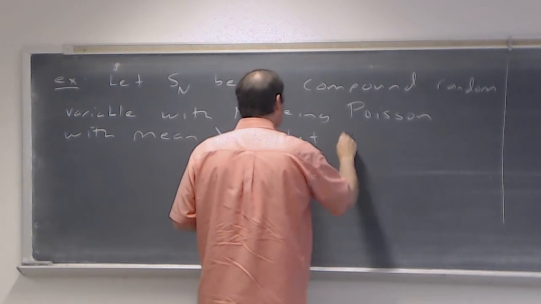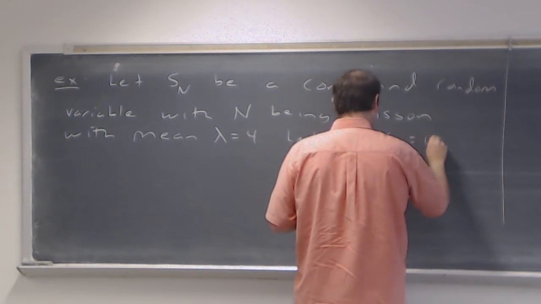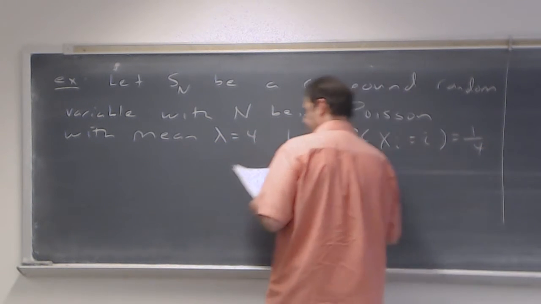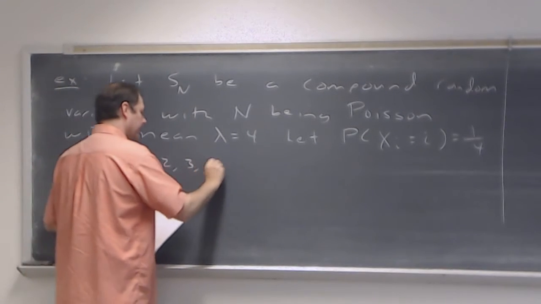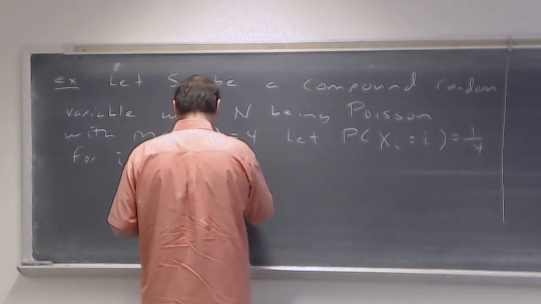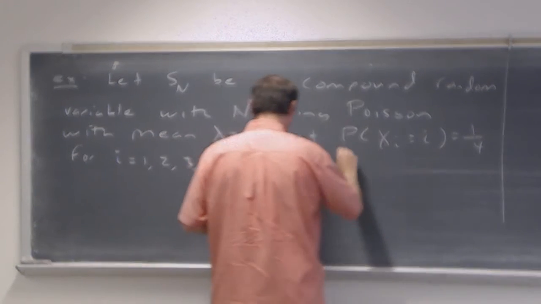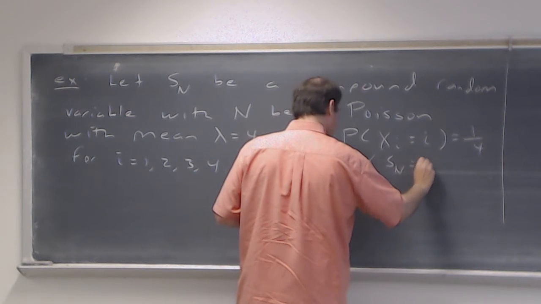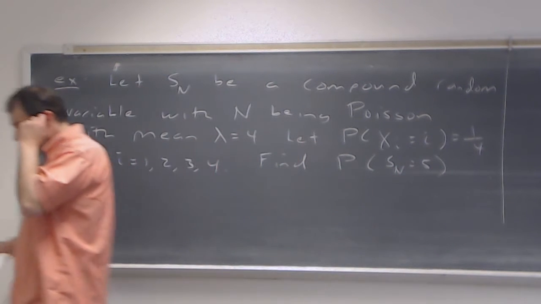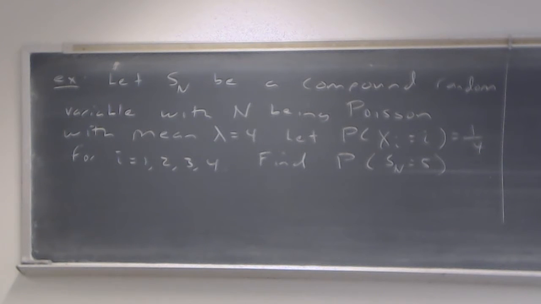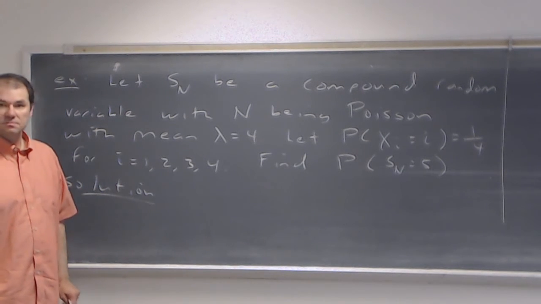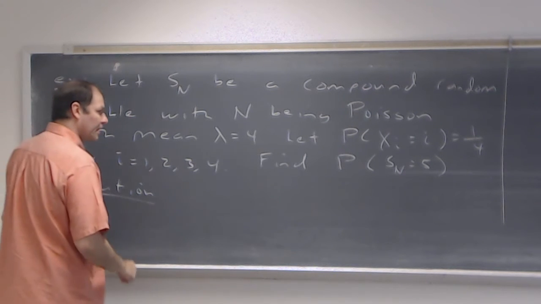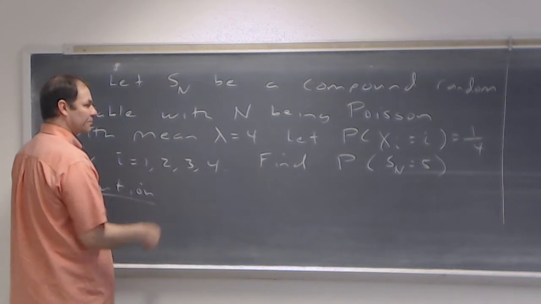Let the probability that X of i equals i be 1/4 for i equaling 1, 2, 3, and 4. Find the probability that S of N is equal to 5. In this problem, we're going to use, as I said before, that corollary to the compound random variable identity, and also the fact having to do with N being Poisson.